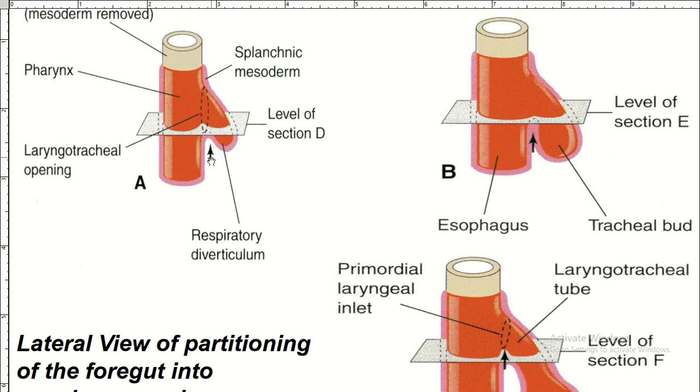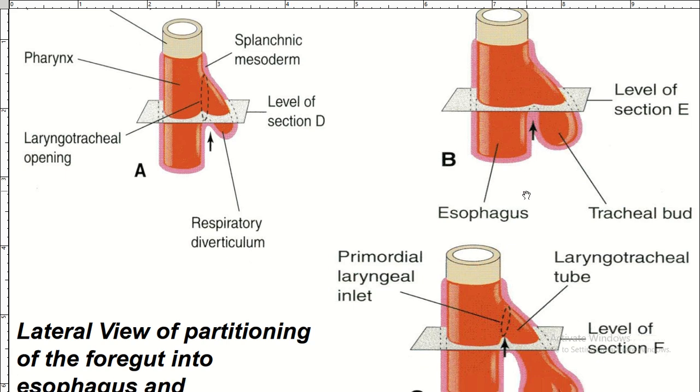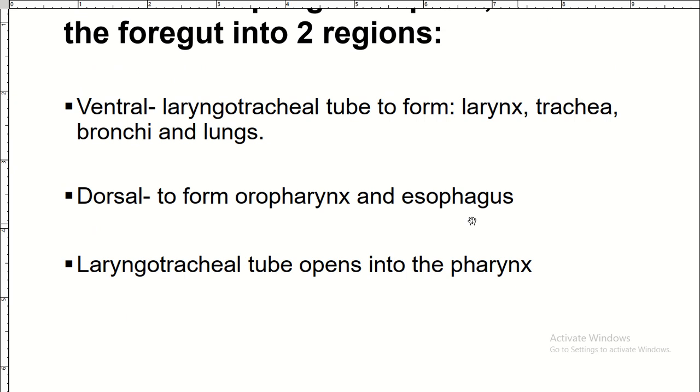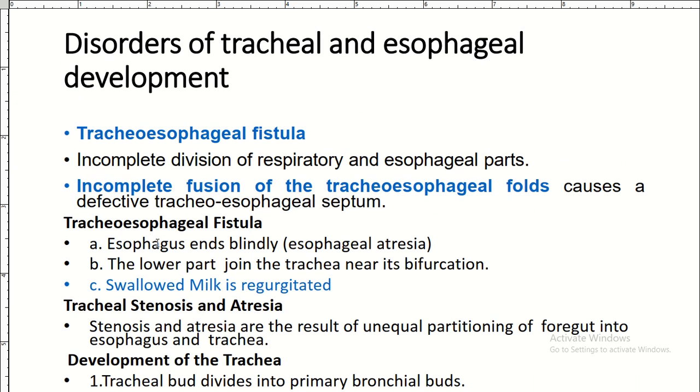But as we go down, this is going to be your laryngotracheal tube, which is going to give rise to the larynx, the trachea, the bronchi, and the lung. So that will be ventral. These two will be dorsal.